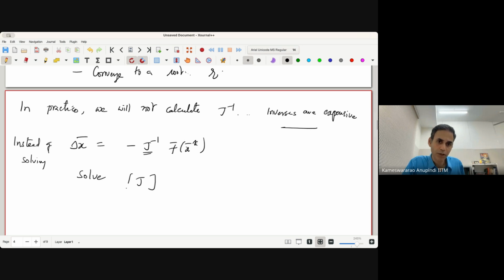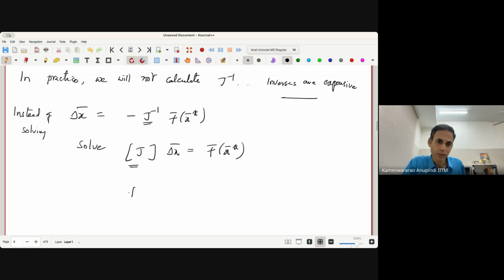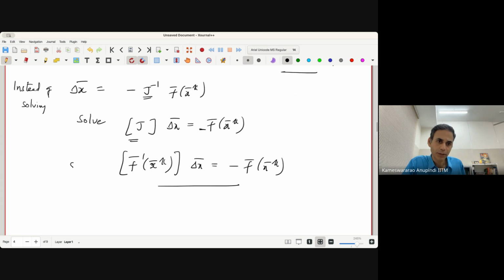That means we solve J times delta x bar equals minus f bar of x bar k, where J is f bar prime of x bar k. So this is basically Ax equals b.